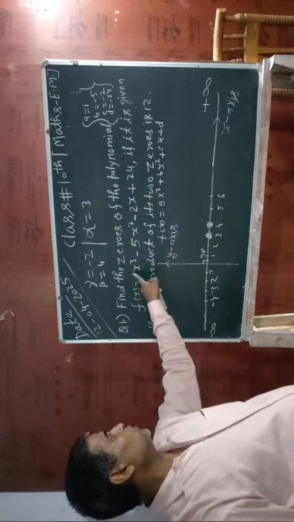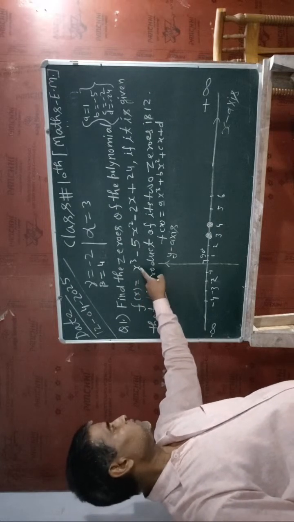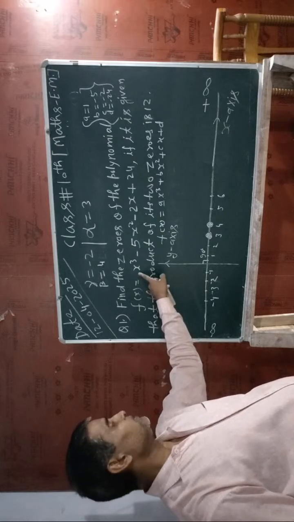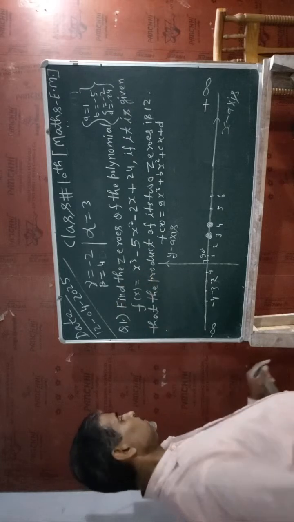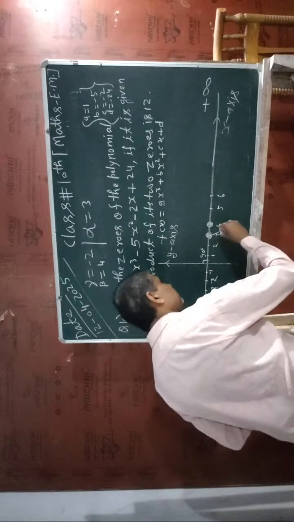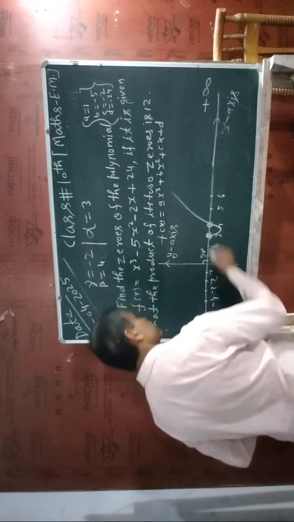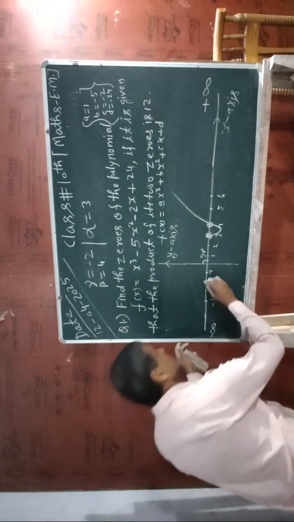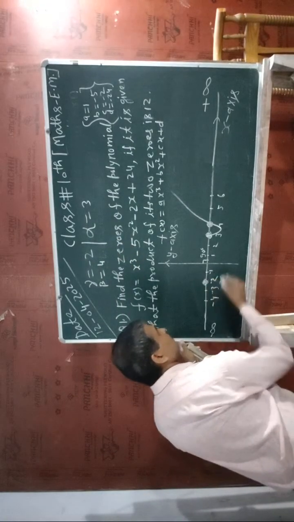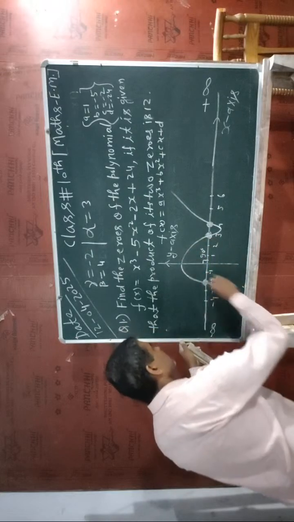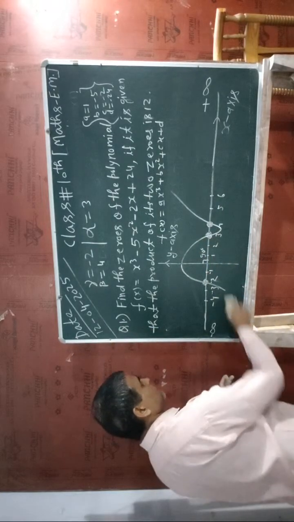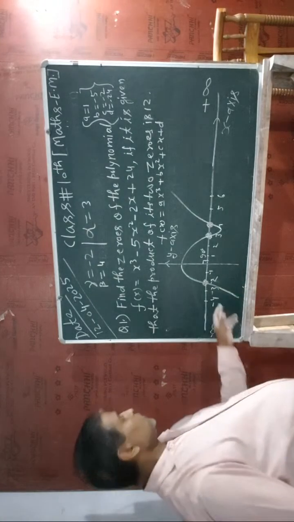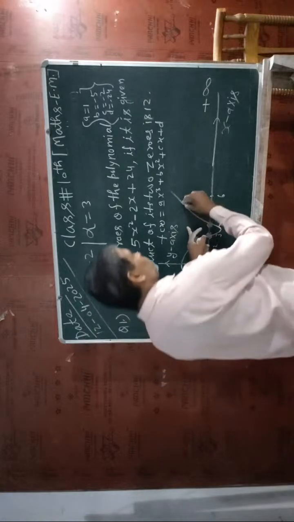Now this polynomial has a positive coefficient of x cube, which means it will go upward, like this. Okay student, and the other is minus 2, meaning the other will be here. It will come like this. So this is the polynomial.